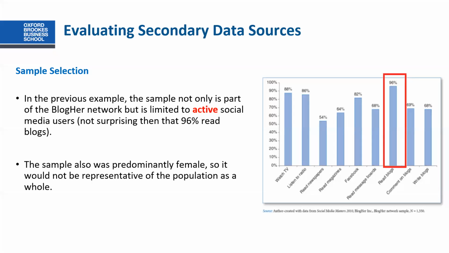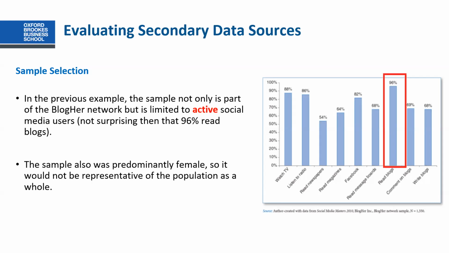In the previous example, the sample was not only part of the BlogHer network, but it was also limited to active social media users. So it's not surprising to see that 96% of the respondents read blogs. If the sample had included other users who are less active or not active on social media, then the results would look quite different.